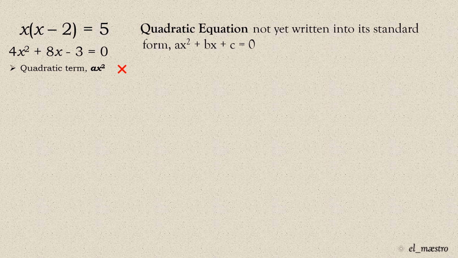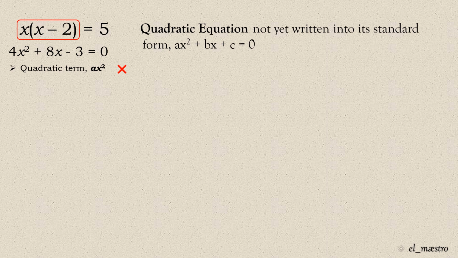So what do we do next? Look, class, it has a multiplication operation. It is not like our example last time, which can no longer be simplified. Look, 4x squared plus 8x minus 3, can you still add it? Can you still multiply it? No. Compared to x, parenthesis, close and open parenthesis, x minus 2 is equal to 5, which can still be simplified or expanded.